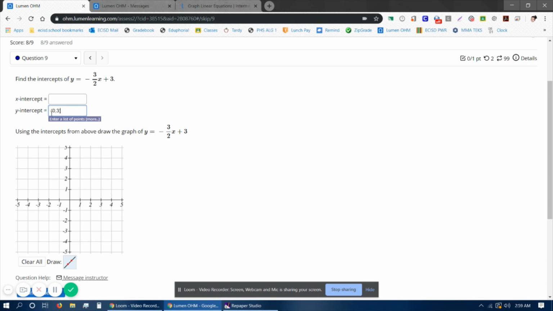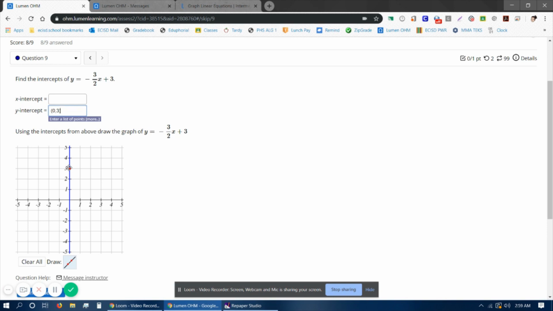So if I start with my y-intercept, it's at 0, 3. So I'm going to move up 3 and place my dot. So the negative slope means it's going to be slanted like this, either down and to the right or up and to the left. And I can use my rise and run to find my second point. So my rise is 3.